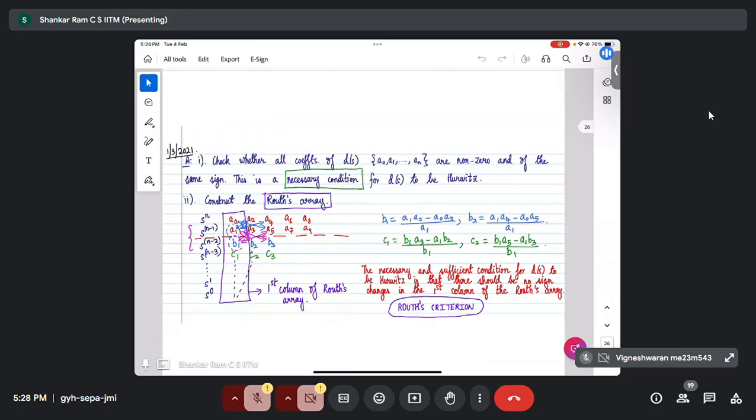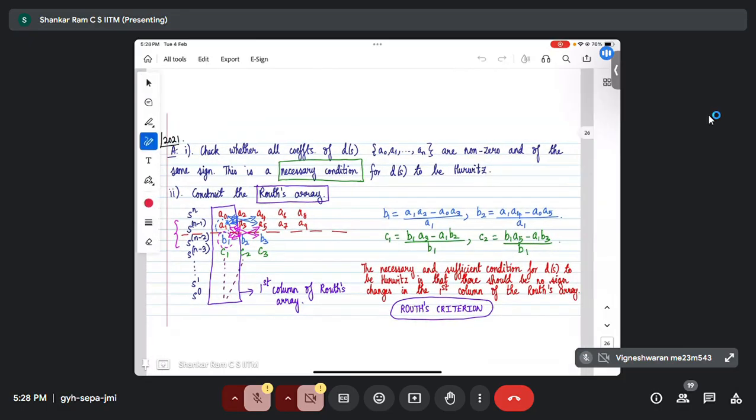So the baseline problem is that we have this nth order polynomial D of s, which is a0 s power n plus a1 s power n minus 1, all the way till a(n-1) s plus an. The question becomes, when is it Hurwitz? That is, all the roots should be in the left of the complex plane.